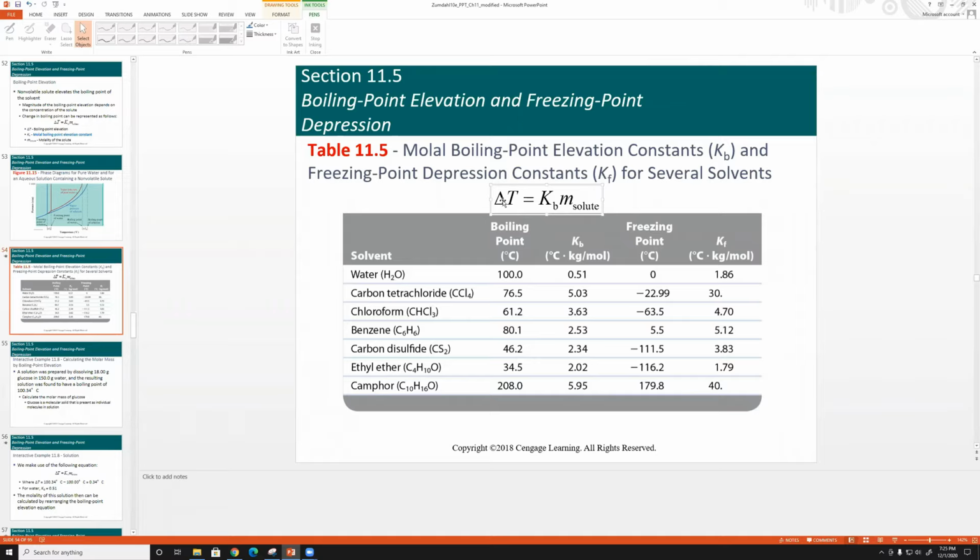If you got 2 for delta T and you're dealing with water, the boiling point of this new aqueous solution will be 102. If you're doing freezing point depression and you get delta T equals 2, the new freezing point of water would be -2. So does that make sense? And this equation will possibly be given, I think, but it's pretty easy to memorize.